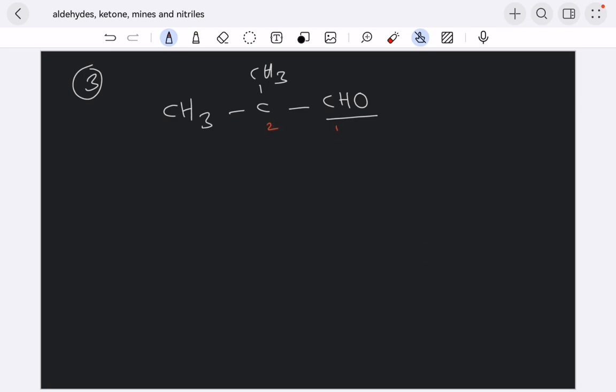So that is 1, 2, 3. How do we call this particular compound? Remember, you have a methyl at position number 2. So it's 2-methyl. Then at position number 1, you have your functional group. Then what is the longest chain? My longest chain is propanal. So that will be the name of that particular compound.